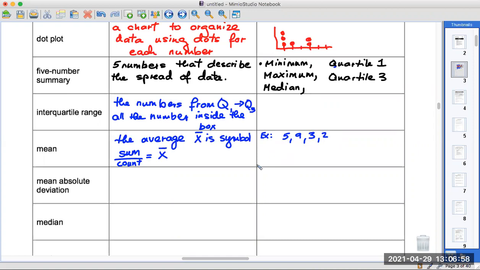And you want to know your average. You add all these numbers, and then you divide by how many there are. There are 4. 5 plus 9 is 14, plus 3 is 17, plus 2 is 19. And when you divide that, you'd use your calculator.